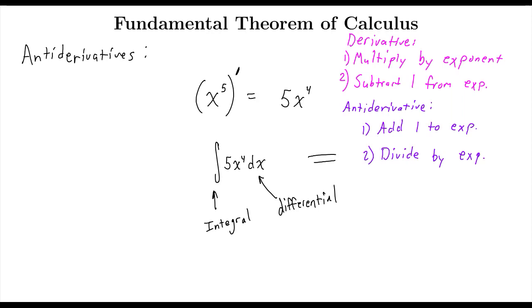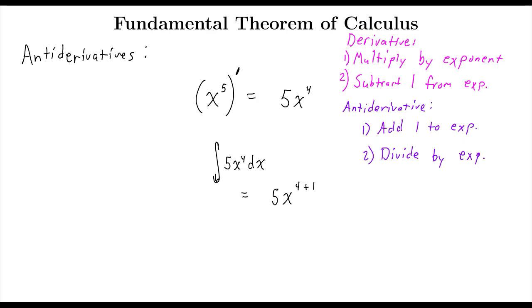That should give me my original problem, right? So let's try it out with 5x to the fourth. First thing I'm going to do is add 1 to the exponent. That gives me a 5.